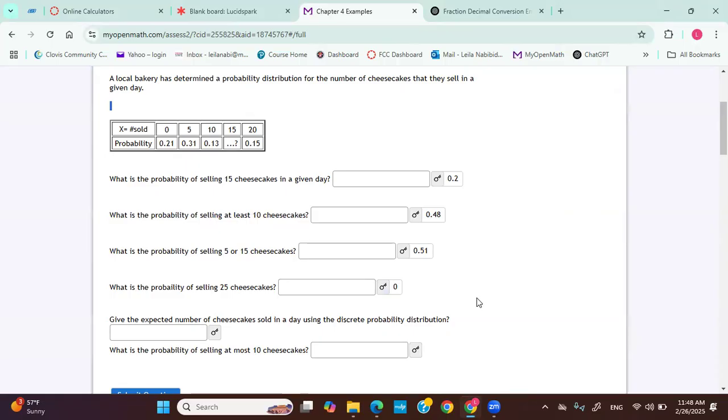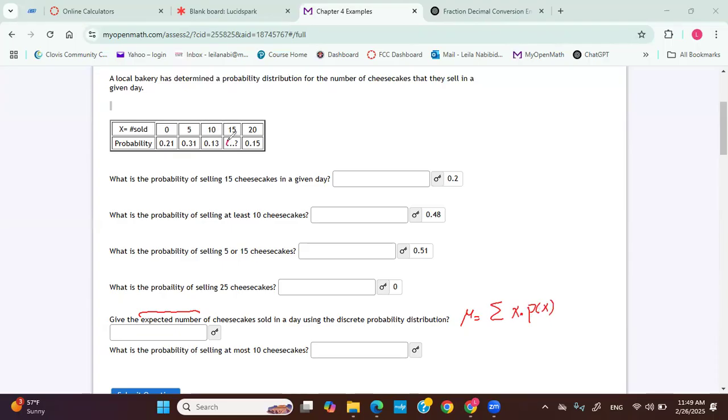The next part is asking to give the expected number of cheesecakes sold in a day. The expected number means find the expected value, the average number of cheesecakes that they sold in a day. To find the expected value, which is the exact mean of any probability distribution, we need to multiply each x by P of x and then add them together.